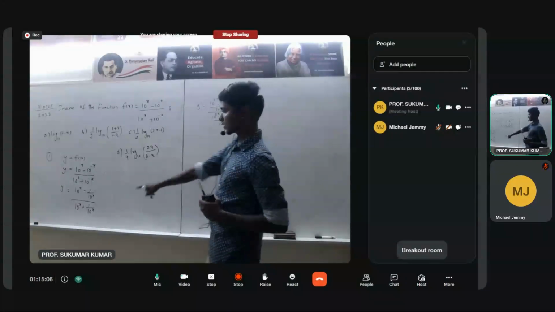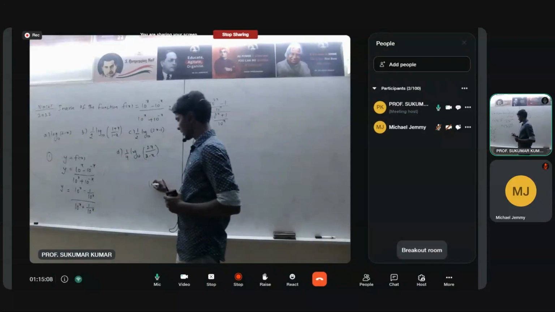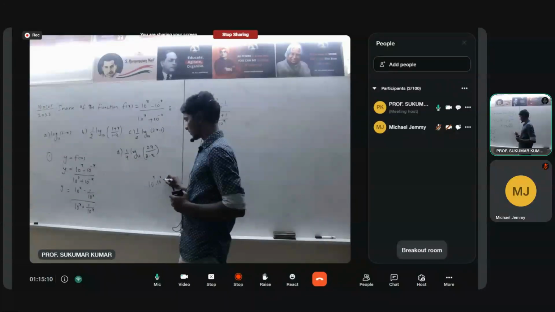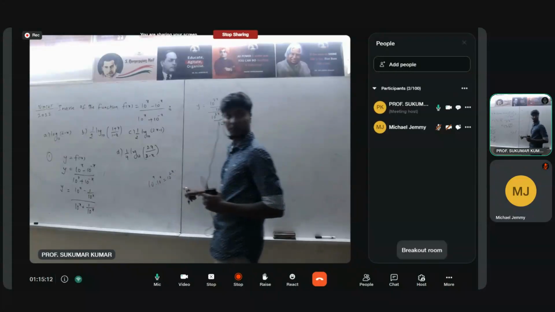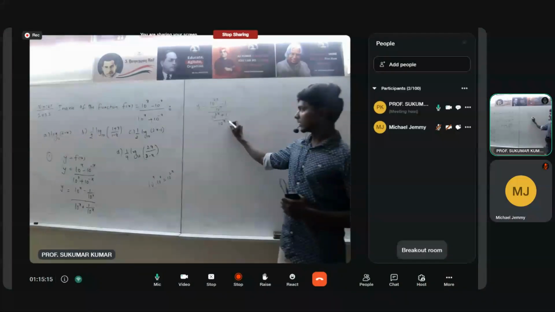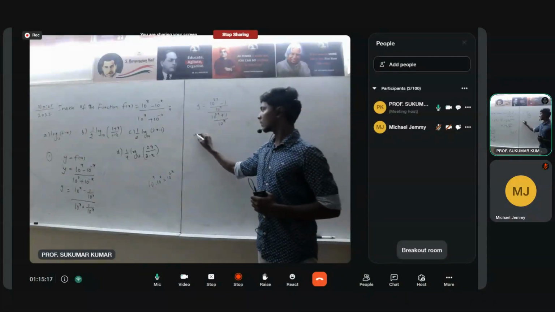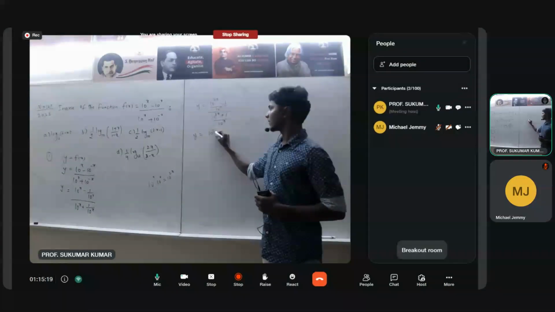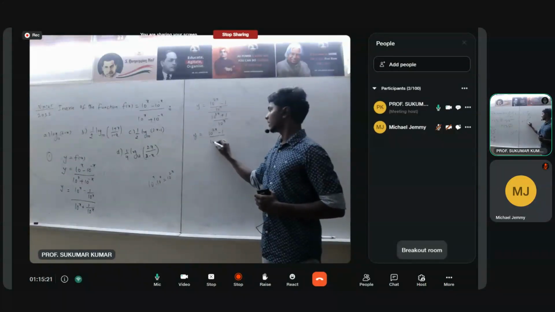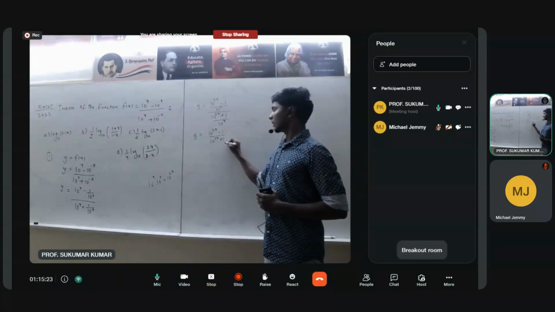Because it's cross multiplication, 10 power x into 10 power x will be 10 power 2x. Then 10 power x, 10 power x getting cancelled. Then y is nothing but 10 power 2x minus 1 divided by 10 power 2x plus 1.